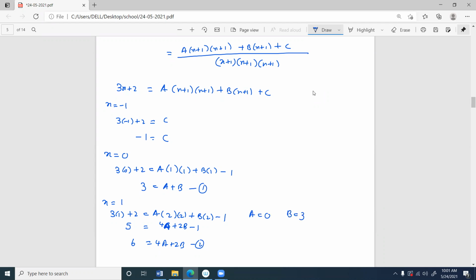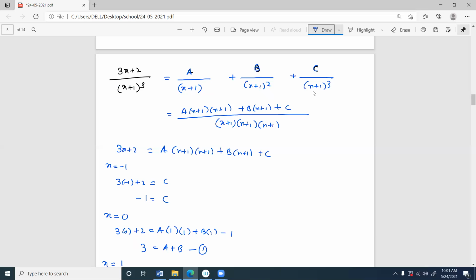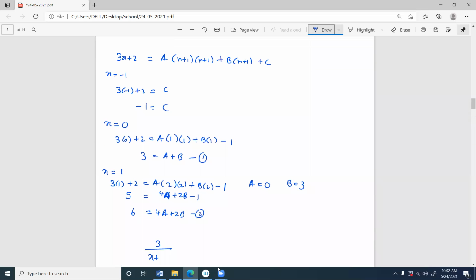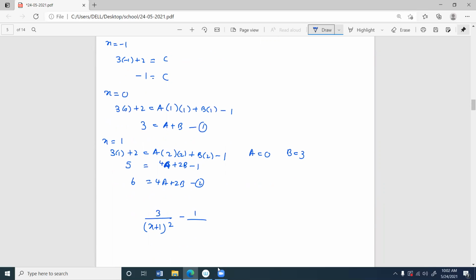Therefore, you can write this fraction. There is no A term. B is 3, so you can write 3 over x plus 1 squared. And C is minus 1, so minus 1 over x plus 1 cubed.